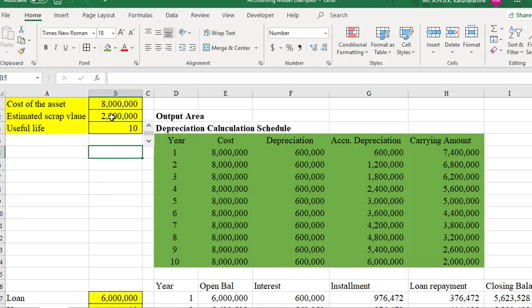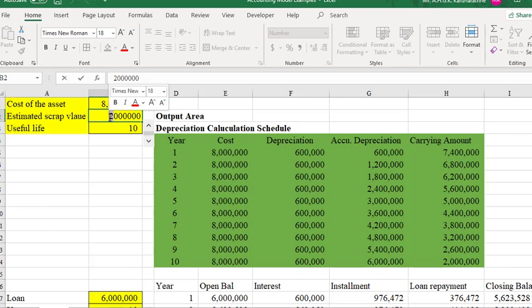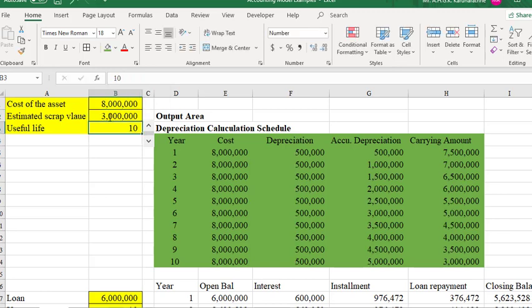So when the accountant's estimate of scrap value changes, depreciation will change, right? Let's say the estimated scrap value has increased from 2 million to 3 million. You alter it, and the system quickly alters the figures. Did you notice it change? Look at whether the figures are changing. They just quickly change, right? So this is what we call flexibility.